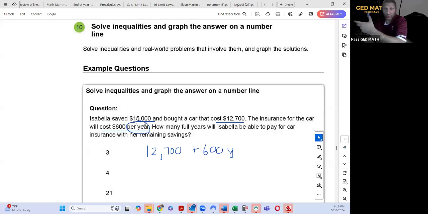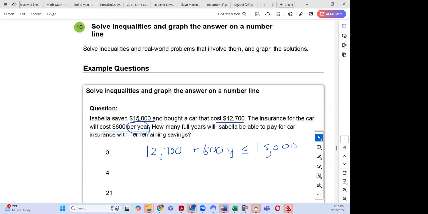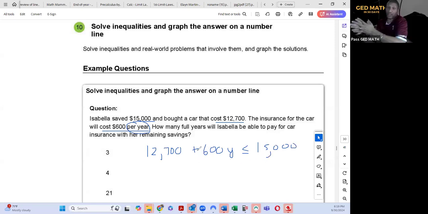That word per tells you when that variable is going to be used, because it could change. The first year was 600, the second year will be 600 times 2, is less than or equal to 15,000. So that's the inequality they want you to set up.